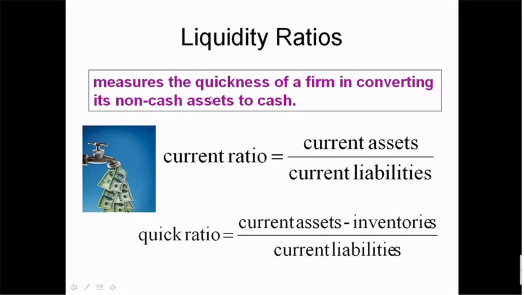Like I mentioned earlier, you have learned this term liquidity in chapter 2. Liquidity shows how easily or how quickly your assets can be converted into cash without a significant loss in value. So the banks will most probably be using these liquidity ratios to see whether you have the ability to pay them back or not.